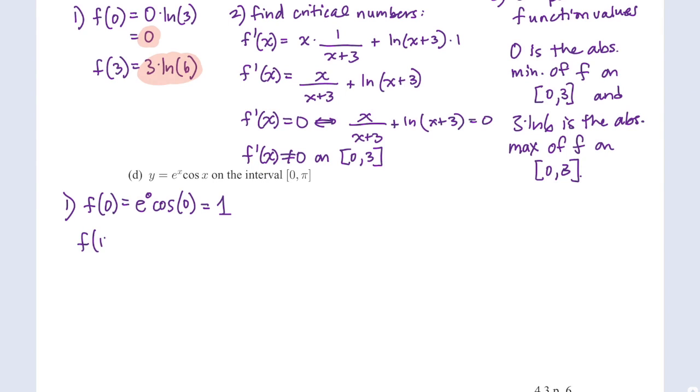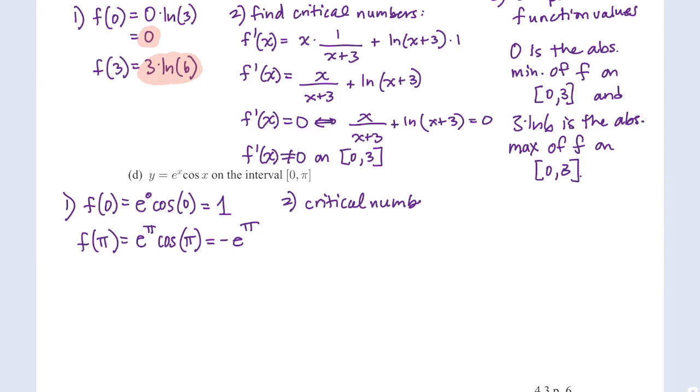And f of pi is e to the pi times cosine of pi. I don't know what e to the pi is, but I know that cosine of pi is negative 1. So I could rewrite this as negative e to the pi. So comparing those two, I know at least that 1 is the largest and negative e to the pi is the smallest. And then step 2, we find critical numbers.